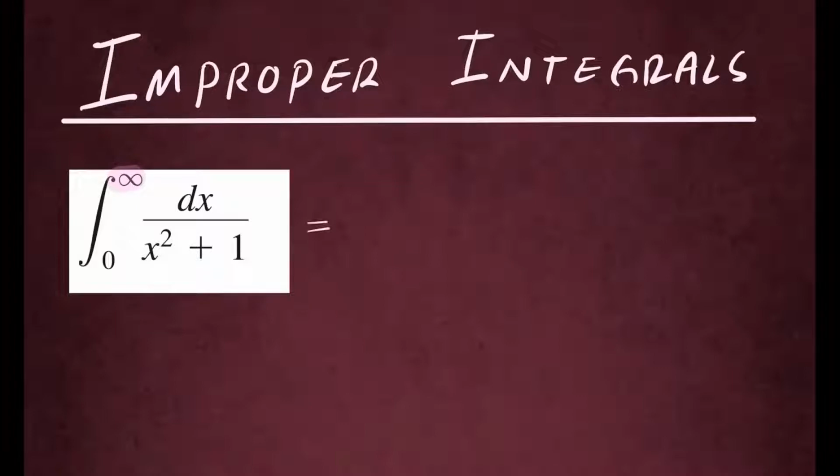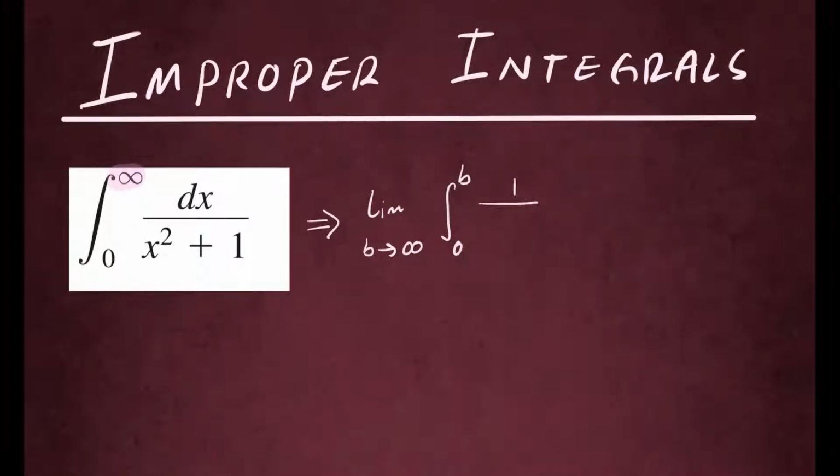So I'm going to go ahead and replace that improper component with a limit. So I'm going to say, okay, let's take the limit as maybe some b goes to this improper value, infinity, of the integral from 0 to b, because I'm replacing infinity with b, of the same function, 1 over 1 plus x squared dx.